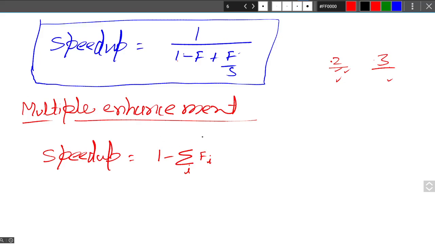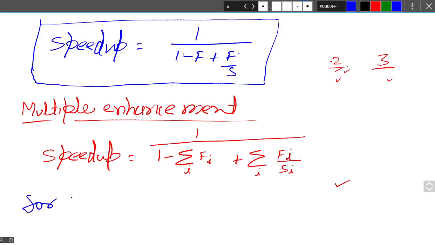So it is 1 upon 1 minus summation of all fi, plus summation of all fi upon si. Is it simple and fair? So this is how you will do it. Suppose you have two enhancements, let me write for two enhancements.